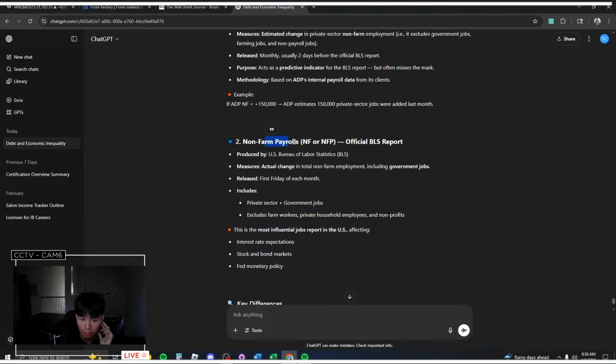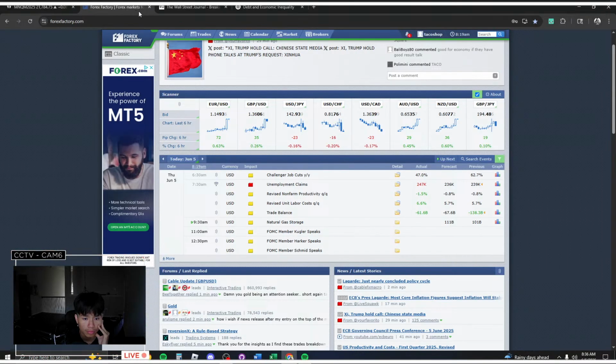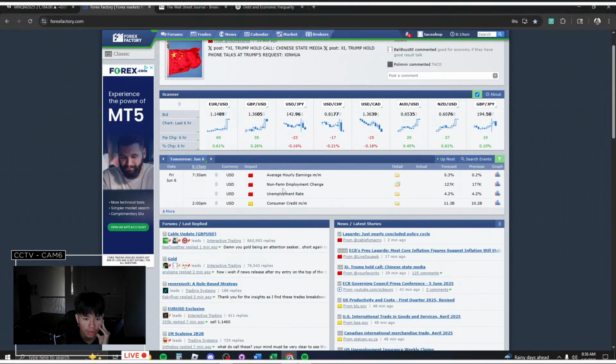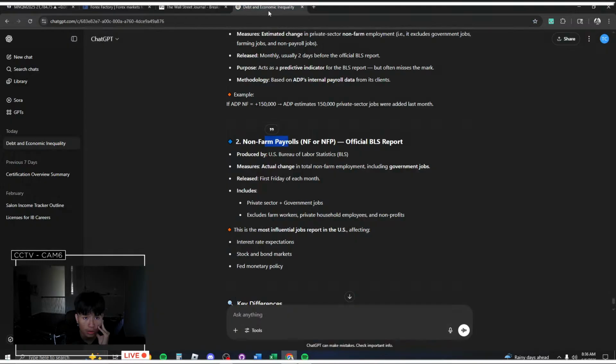Non-farm payrolls, non-farm employment change, I think that's the same thing. But it's the actual change in total non-farm employment, including government jobs. So it includes private sector and government jobs, excludes private household employees and nonprofits. This is the most influential jobs report in the United States.